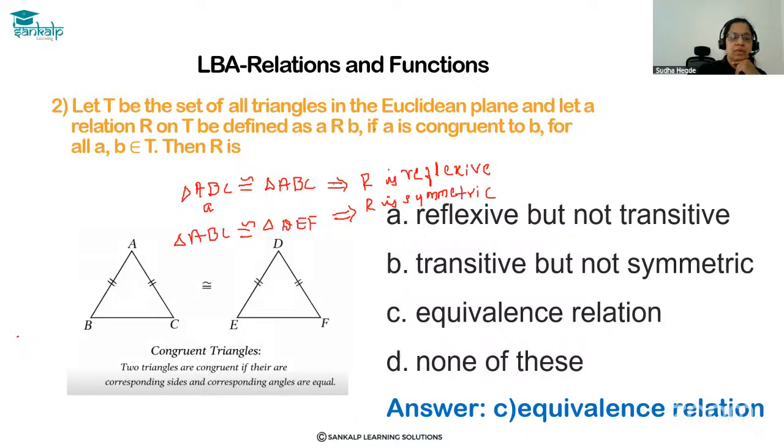Triangle ABC is congruent to triangle DEF, and triangle DEF is congruent to triangle PQR.